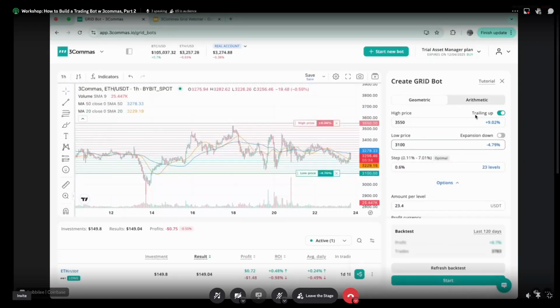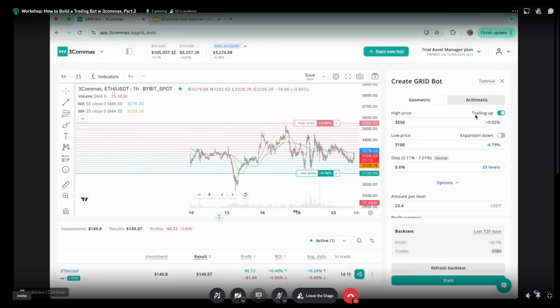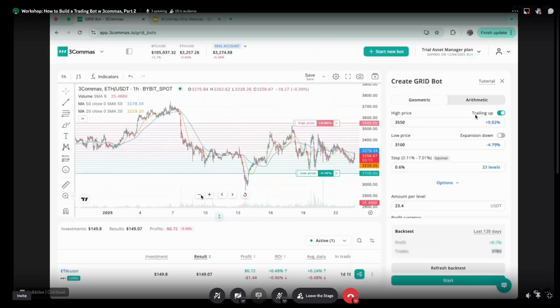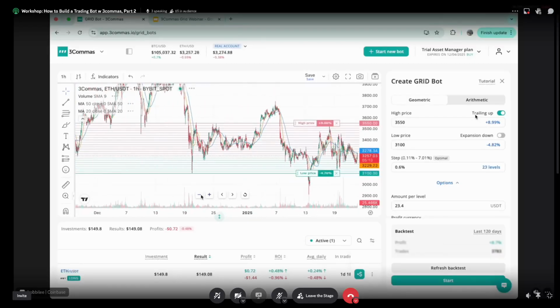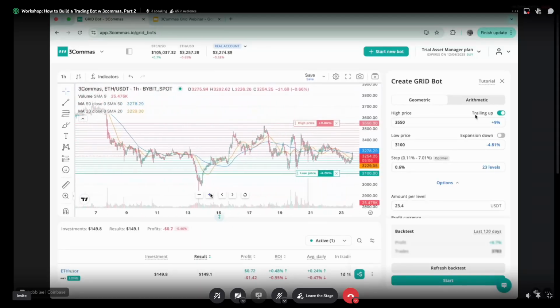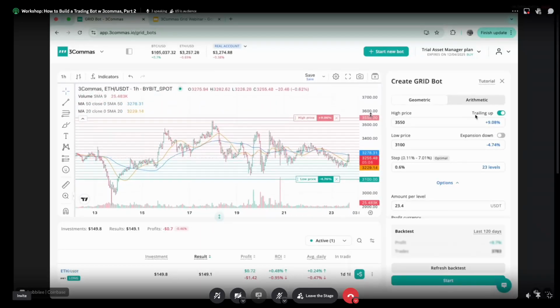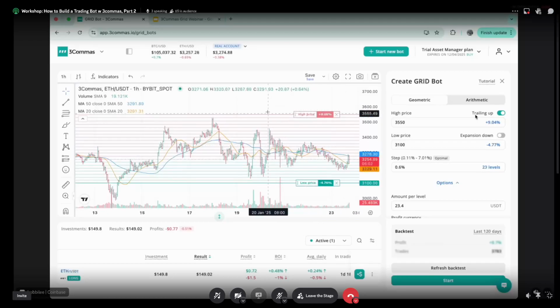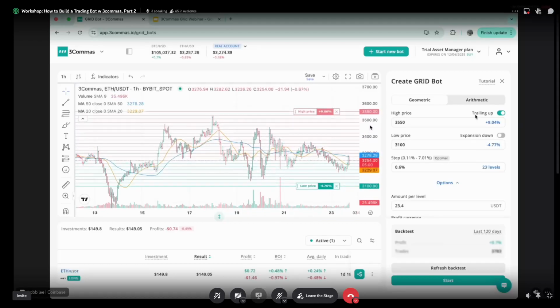Once you put a price here, it recalculates the grid, and you practically see everything. Okay, so it seems like it's not rising anymore because we have many more sell orders, but I'm actually fine with it because for me this period is much more like a sideways.